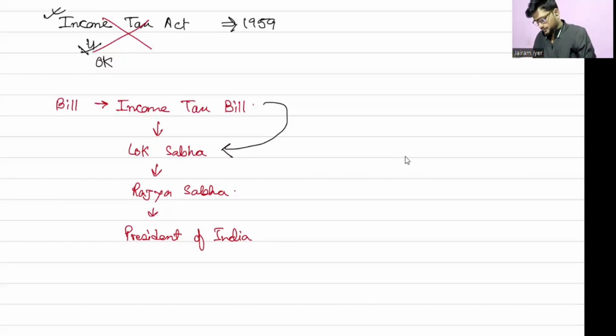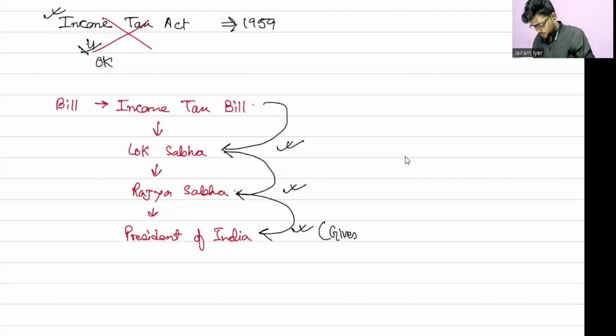Once it is accepted in the Lok Sabha, it goes to the Rajya Sabha, and they have to pass the bill, meaning they are agreeing to it, they are okay with this law. After that, it moves on to the President of India. And once the President passes it, what do we call this? He gives assent, meaning he signs that bill.